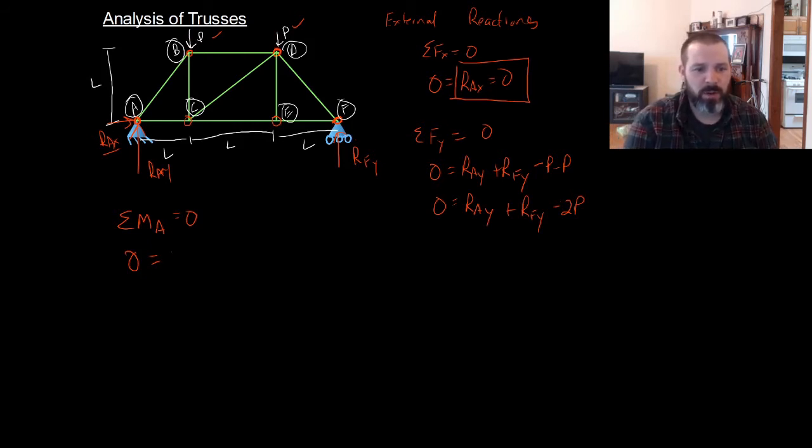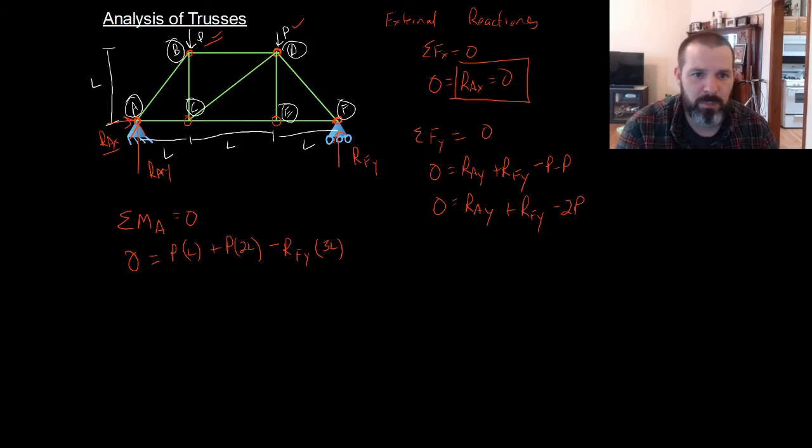So the sum of the moments around A will equal 0. 0 is going to equal P times L. That's for the first P. Plus P times 2L for the second P. And then minus RFY times 3L. Now, you'll notice that the P's were positive and the minus RFY was negative. When summing the moments, it doesn't have to do with whether the force is going in the positive or negative x direction.